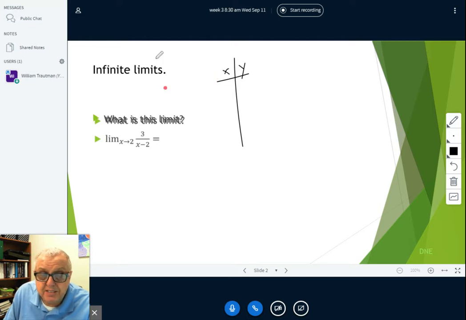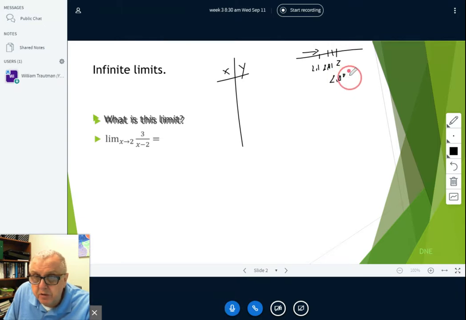And I'm going to say as x approaches 2 from the left side. In other words, if you look at a number line, here's 2. From the left side, as we get closer and closer to 2, I can call this 2.1, 2.01, 2.001.